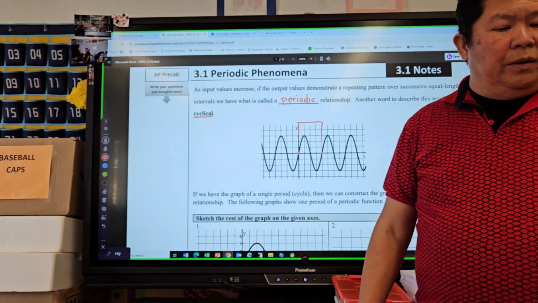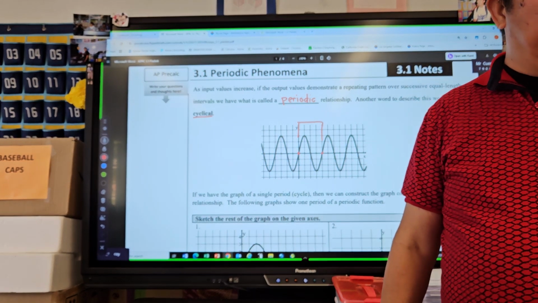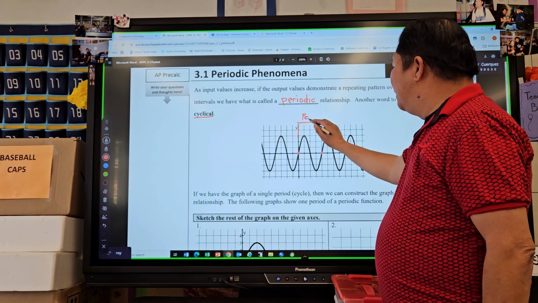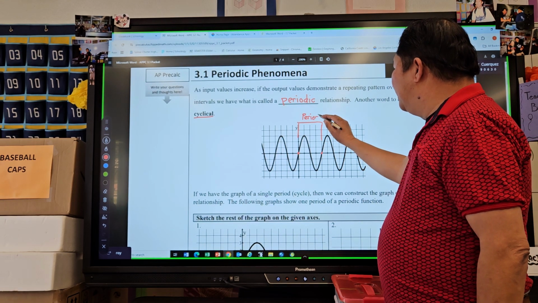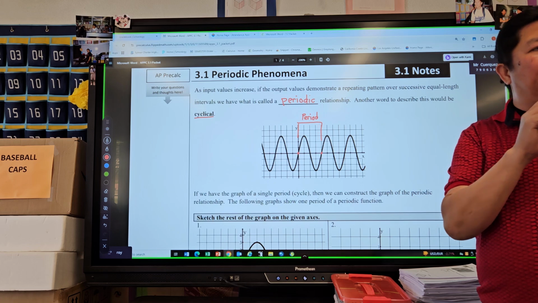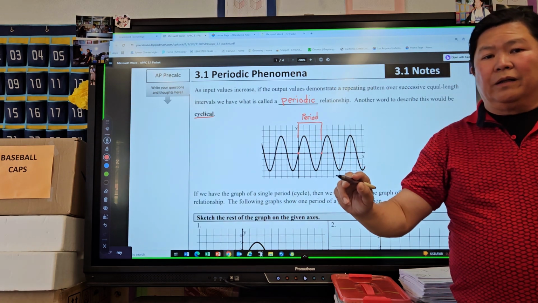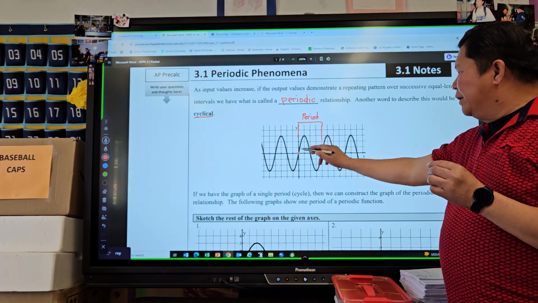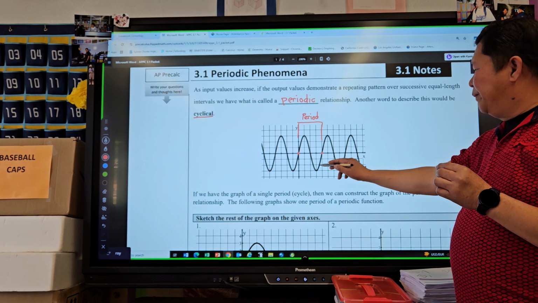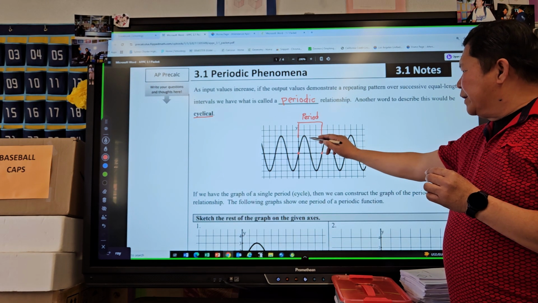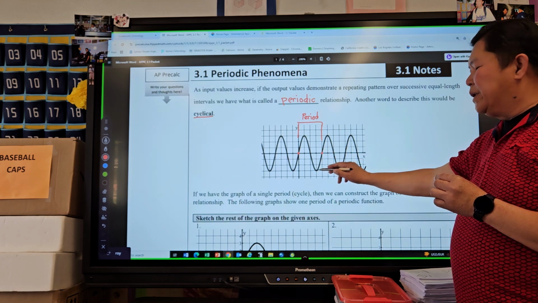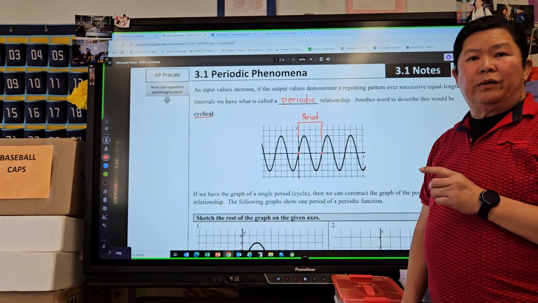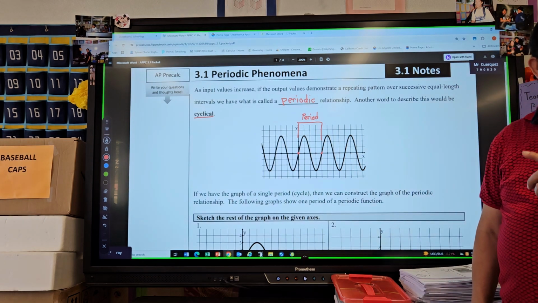So we have period. So what is period again? It's going to be the cycle. So it starts right here, and then this is 90 degrees, 180 degrees, 270 degrees, and then back to 0 or 2 pi or 360 degrees.